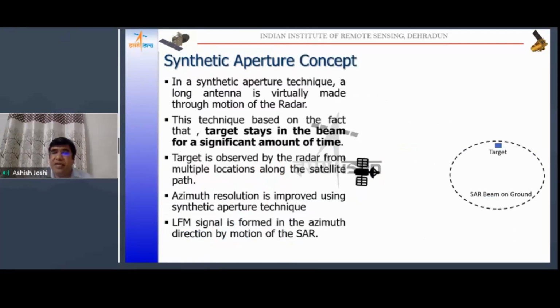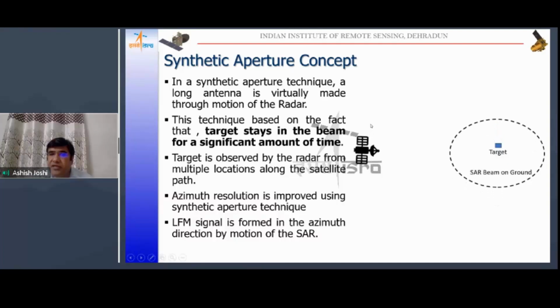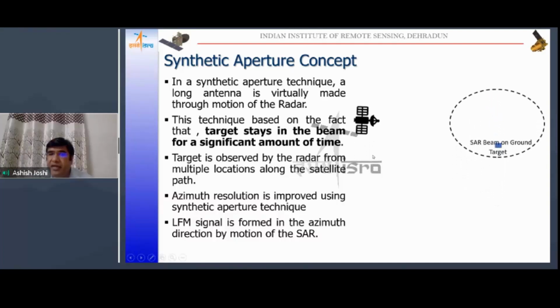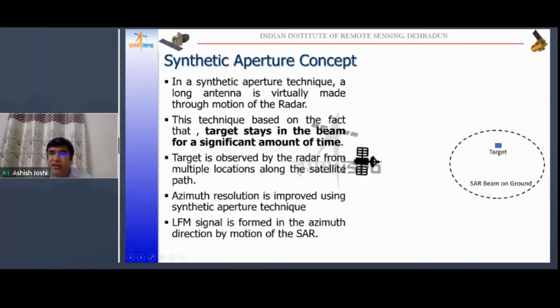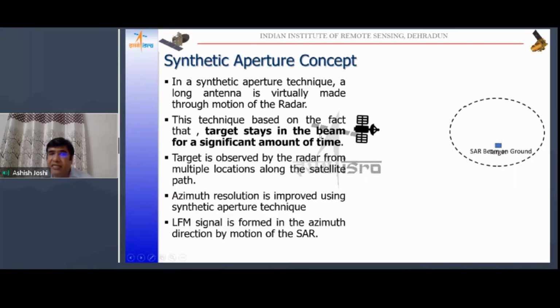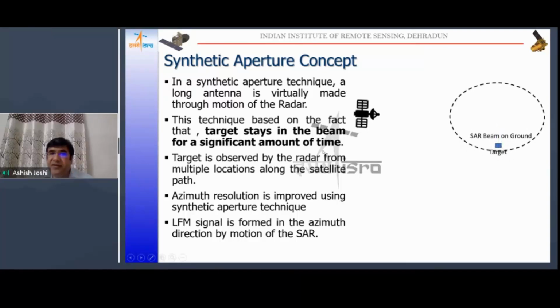What is the synthetic aperture concept? In this concept, a long antenna is virtually made through the motion of the radar. This technique is based on the fact that the target stays in the beam for a significant amount of time.